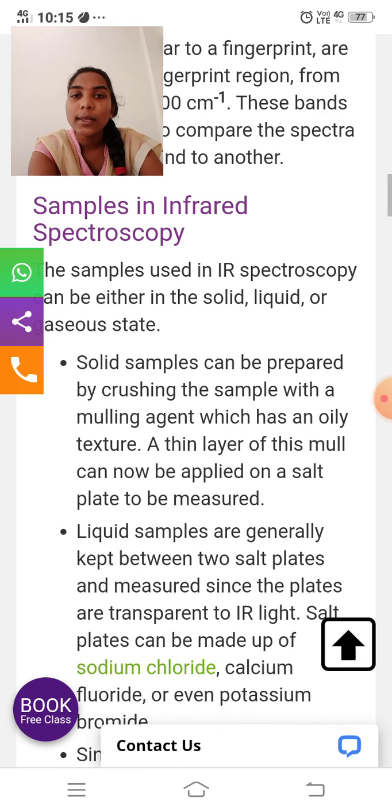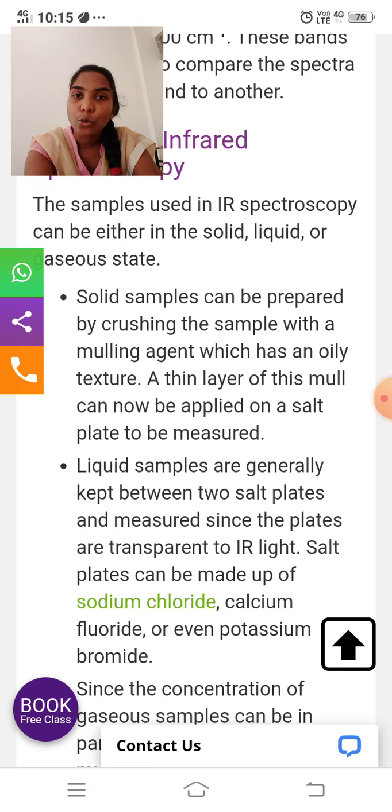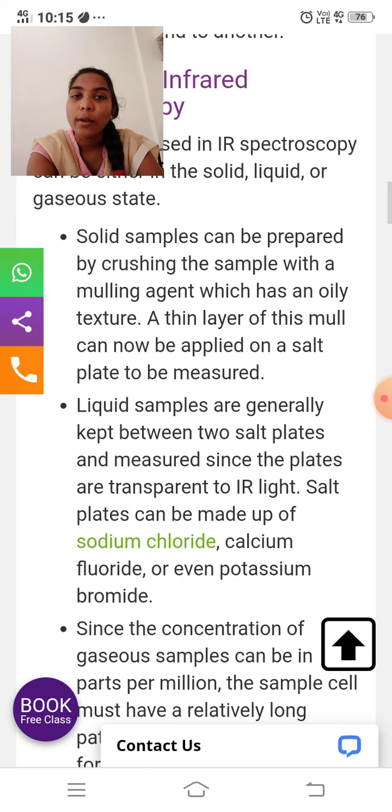The next point is how to use a sample in infrared spectroscopy. The samples used in IR spectroscopy can be in a solid, liquid or gaseous state. A solid sample can be prepared by crushing the sample with a mulling agent which has an oily texture.